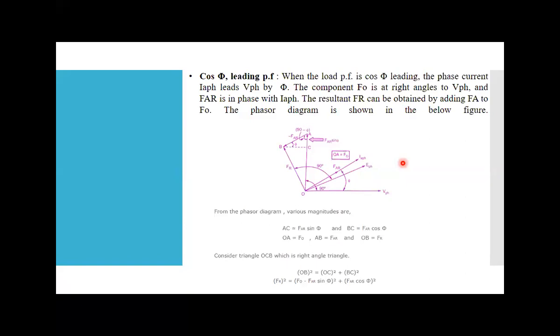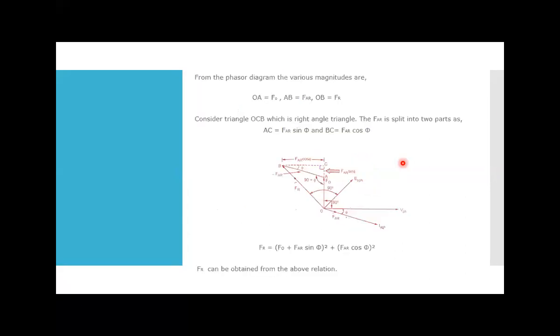Okay, you already learned, when we have a leading power factor, we require a lower resultant flux compared to FO. So my FR is lower than FO. In lagging power factor, my FR is higher than my FO. It is already written, you can see here.